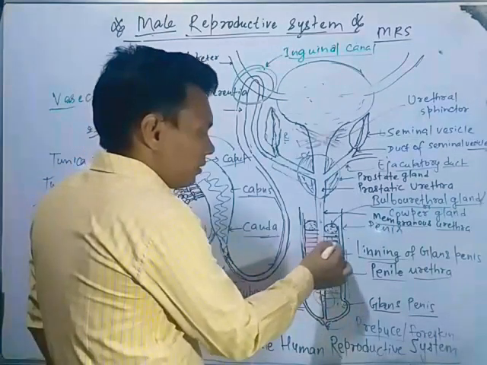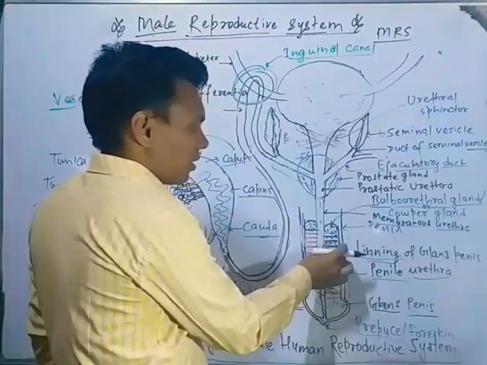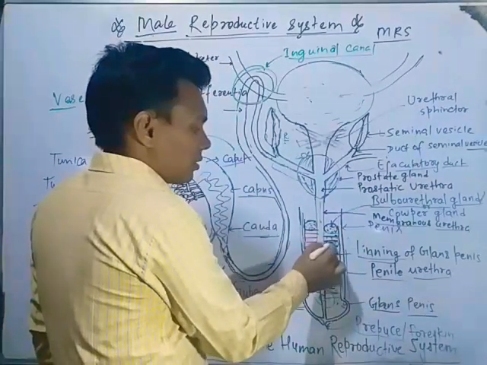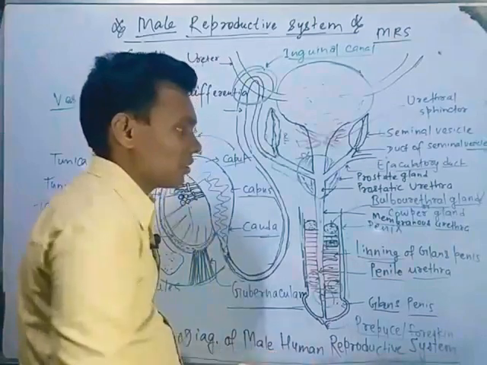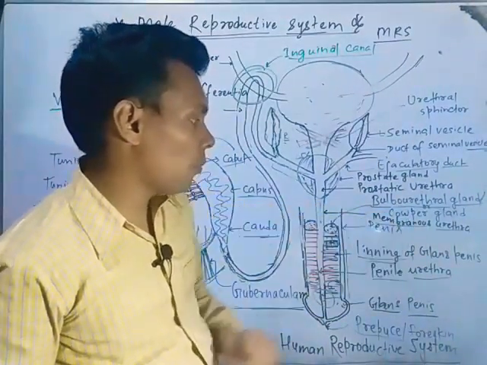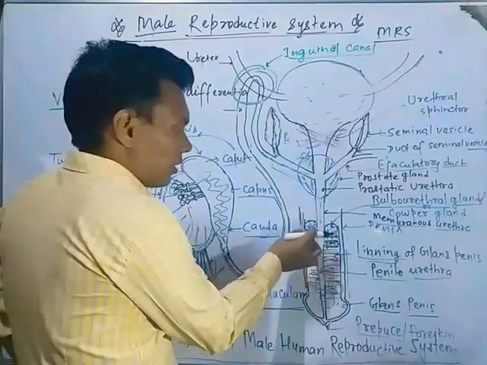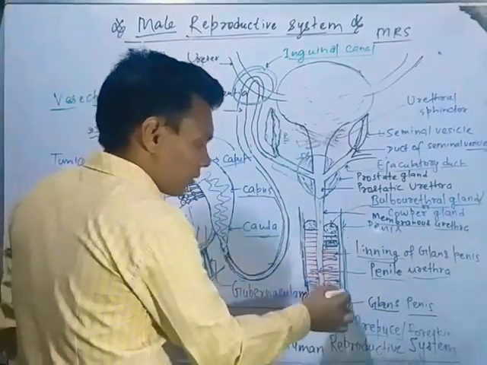After that is the lining of the penis, the internal section, the glans penis, where bulbourethral glands are present. In another term, the bulbourethral gland is known as the Cowper's gland.